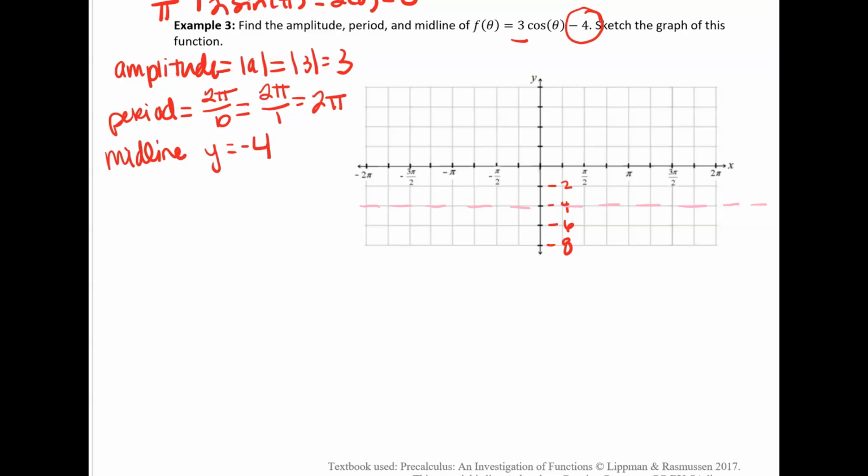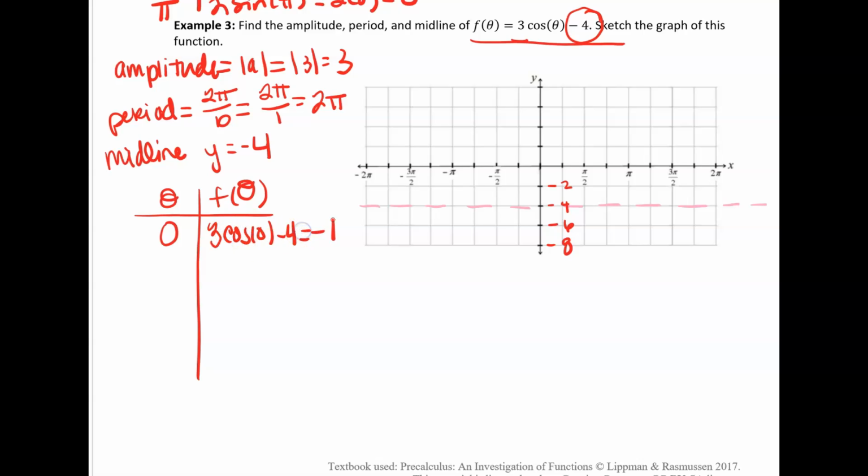And so if you continue to look at values and think, okay, let's look at thetas, let's look at f of theta, and we're plugging into this up here. When we plug in 0, that would be 3 cosine of 0 minus 4, which equals negative 1. You want to use your unit circle as you go. So then I have pi over 2, and that would be 3 times 0 minus 4, so negative 4.